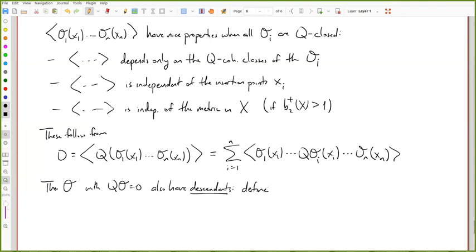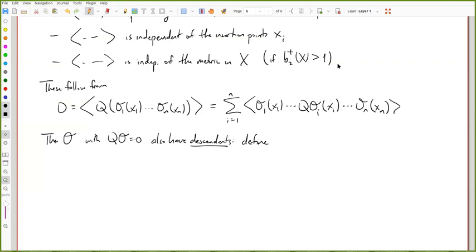So given one of these operators O that's annihilated by Q, that behaves well with respect to the supersymmetry, you can build a bunch of other operators. So what will I do? I'll define O1. So I start with O. Now I'm going to define O1. Remember we had Q, but we also had a bunch of other supercharges.